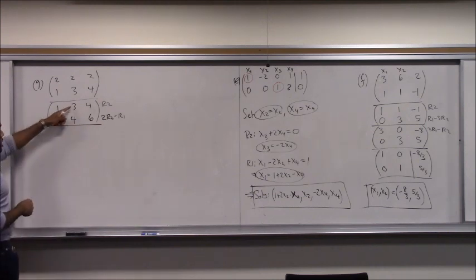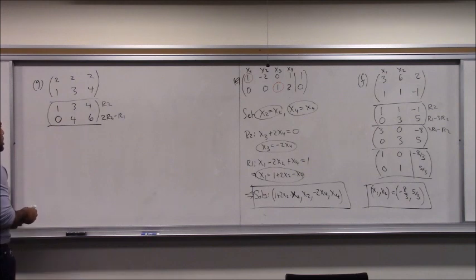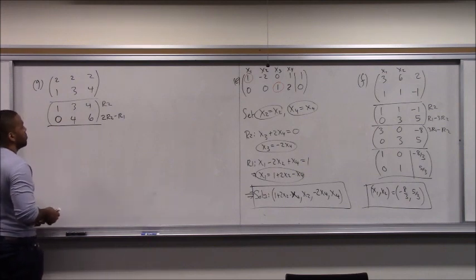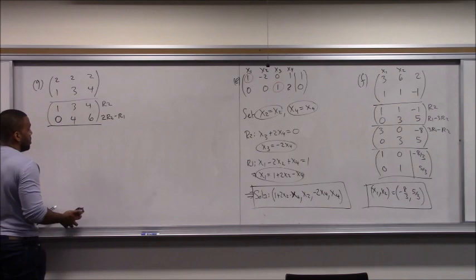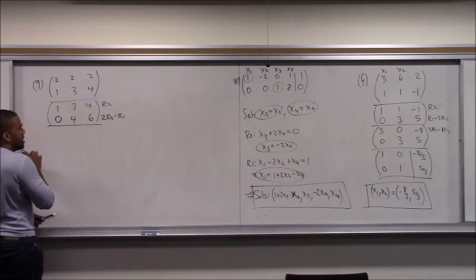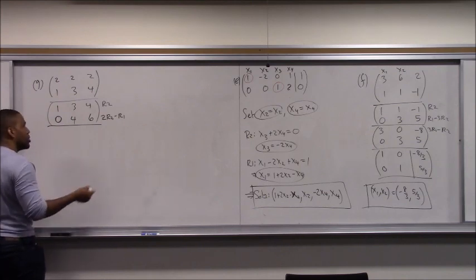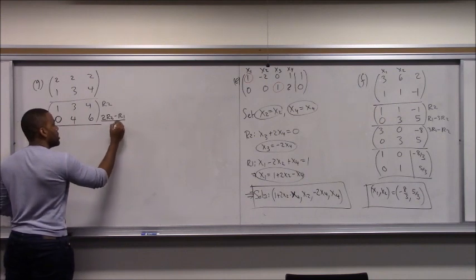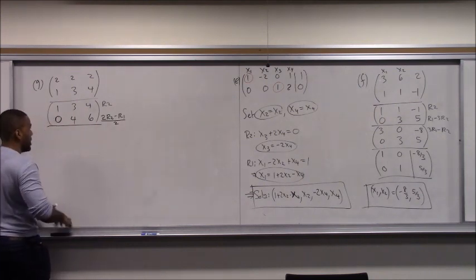Now I want this guy to be a 0. How can I get that to happen? There are ways, I can even make this a little smaller. Do a little trickery here. Divide by 2, just throw that in.